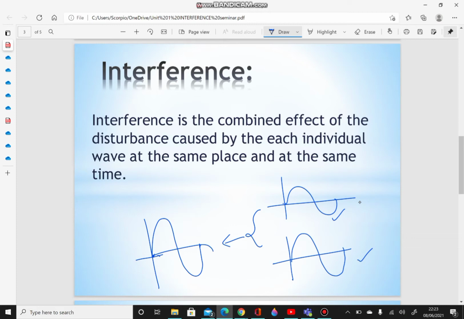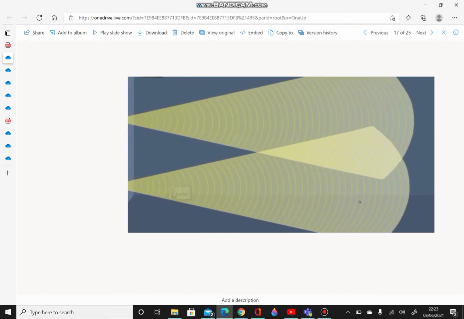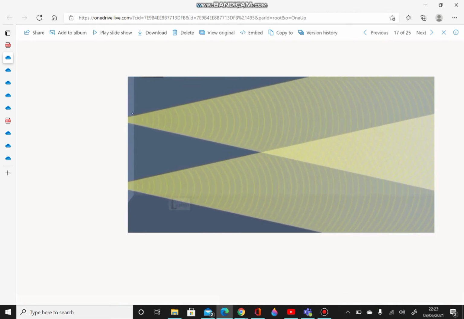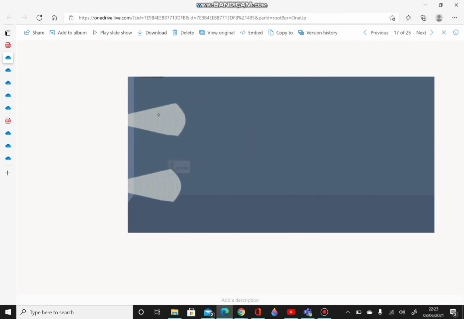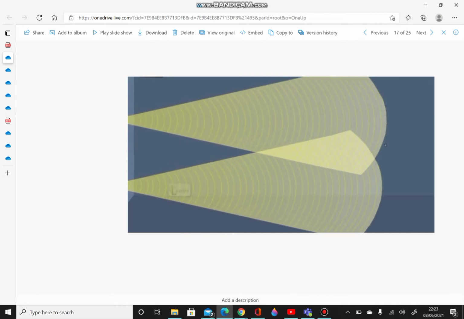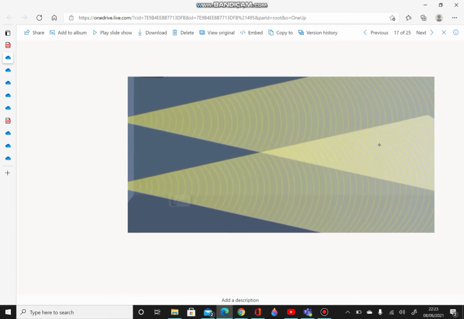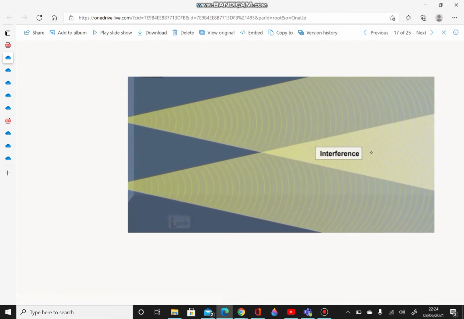Let's see a visual representation to understand this. As you can see clearly, from two places, two wave fronts are getting passed. Yeah, as you can see, two waves are getting passed, and here they are undergoing a phenomenon which is nothing but interference, where they result in a new waveform formed from these two.